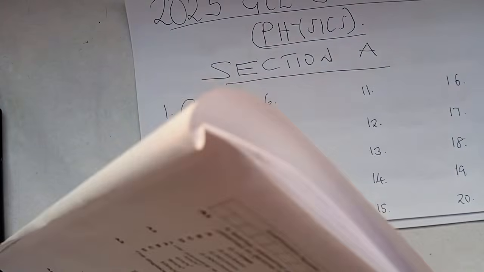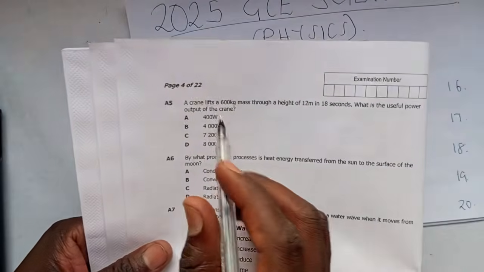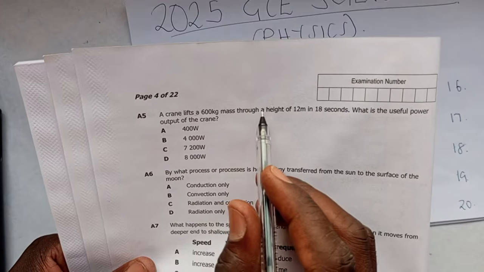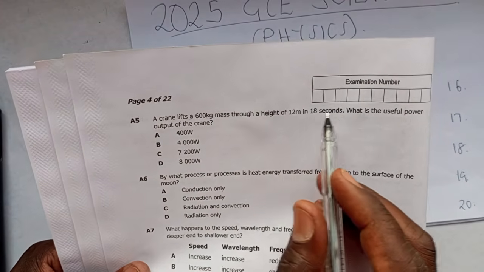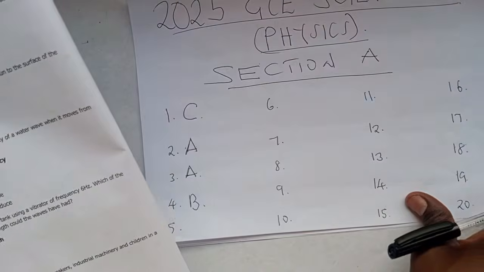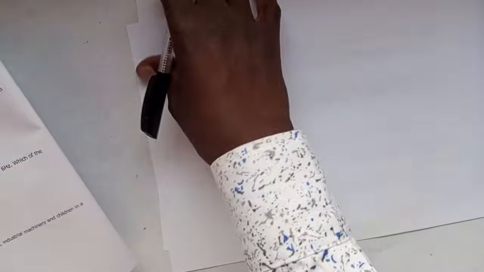Move on to question 5. Question 5, the next page, reads, a crane lifts a 600 kg mass through a height of 12 meters in 18 seconds. What is the useful power output of the crane? So this one basically tells you that you need to collect some data from this question. What data can be collected?